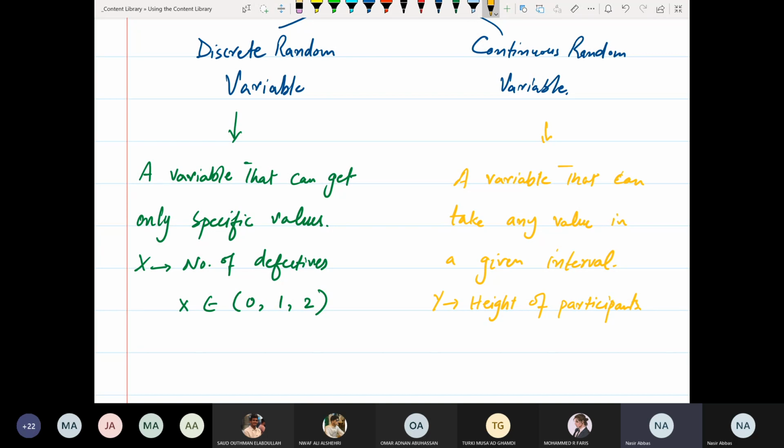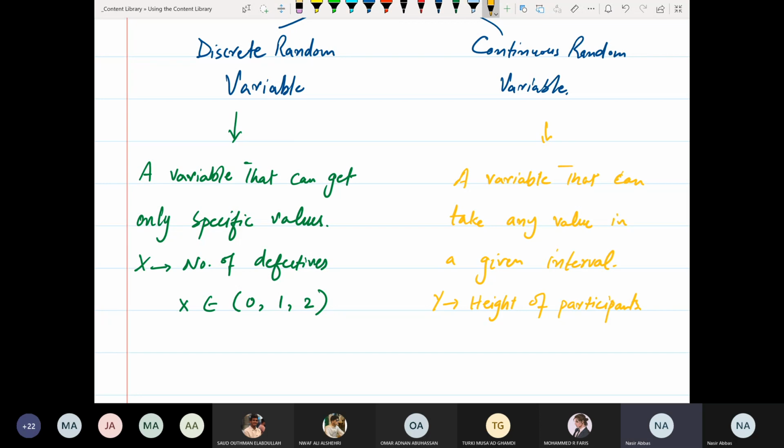It depends upon the scale at which you are measuring. If it is a good scale, you can go up to 3, 4, 5 decimals, as many as you want. So the variable can take any value in a given interval.